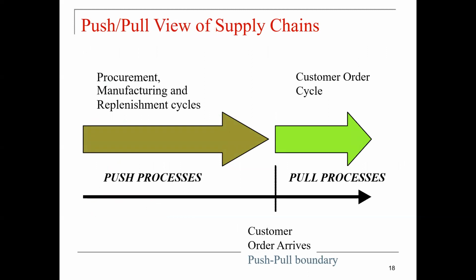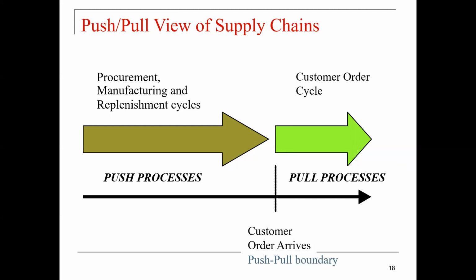So in this view, processes are divided based on their timing relative to the timing of a customer order. We have push processes and we have pull processes. Push processes happen before the customer asks for the product.